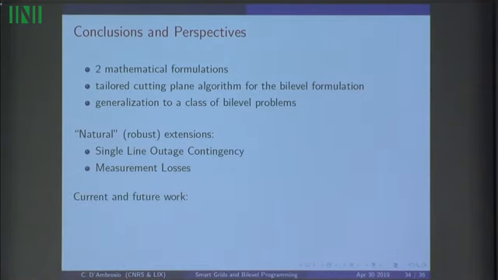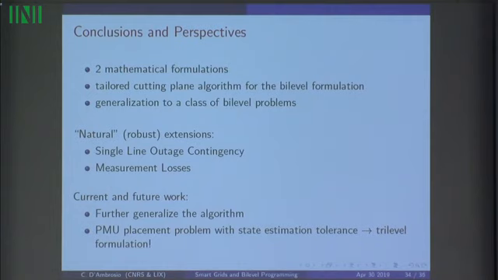Okay, now current and future work. On one side, from a theoretical viewpoint, we are further generalizing the algorithm to the case of convex functions, etc. And on the other side, which is more interesting from a practical viewpoint, we are now considering PMU placement in which we include a part that comes from state estimation.